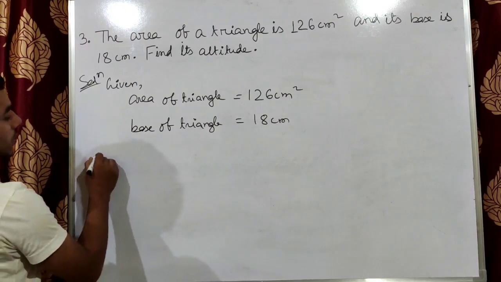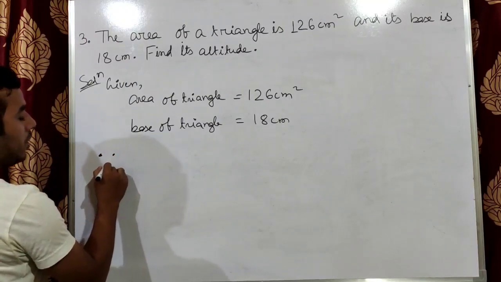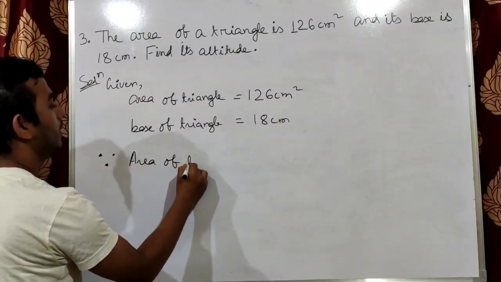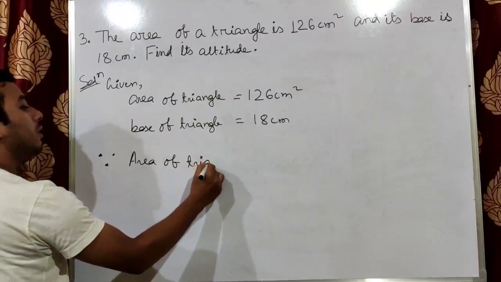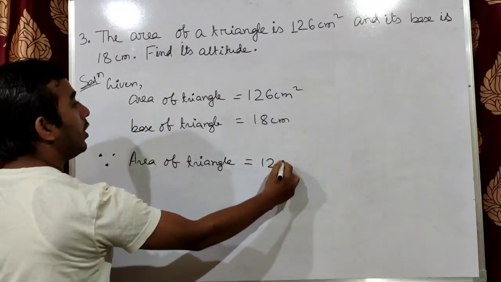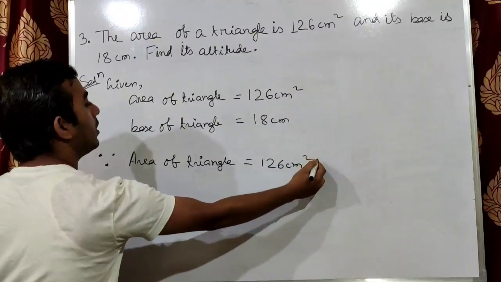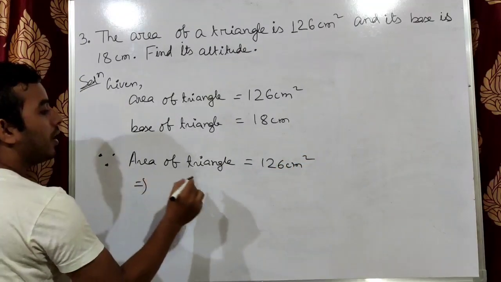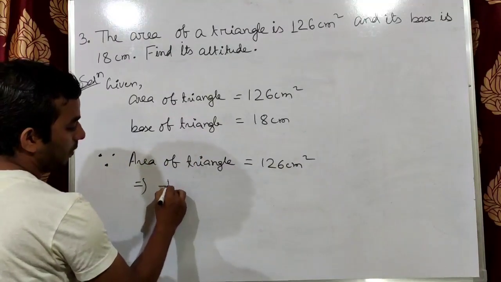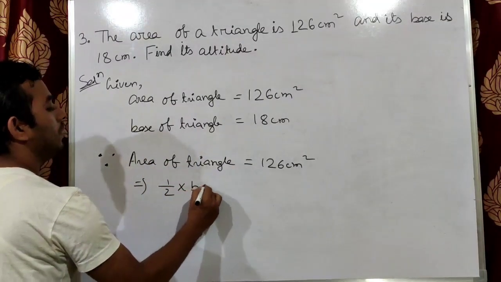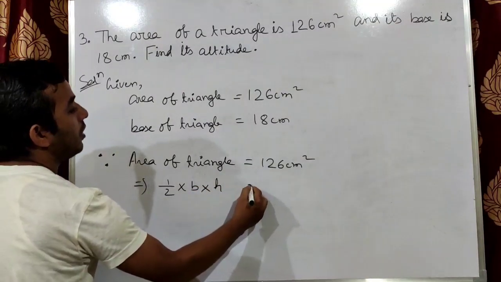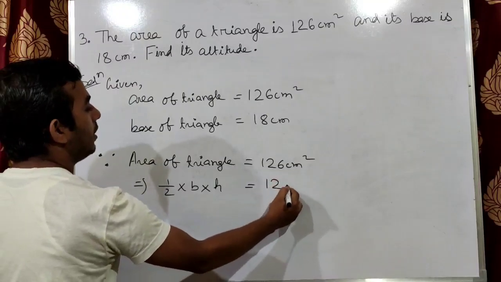Since area of triangle equals 126 centimeter square, in place of area of triangle we will write the formula, which is half into base into altitude or height equals 126.